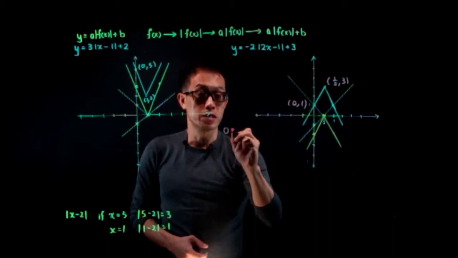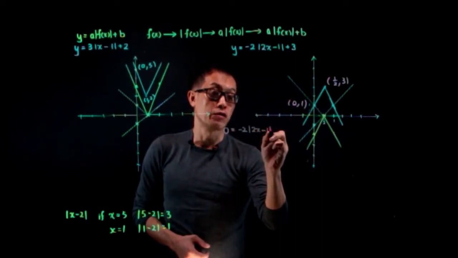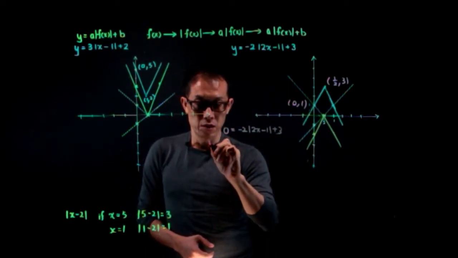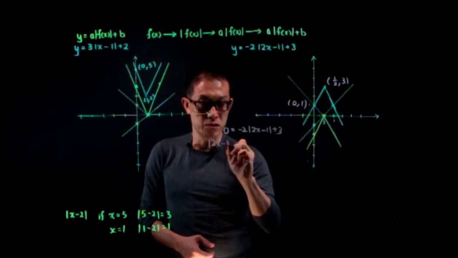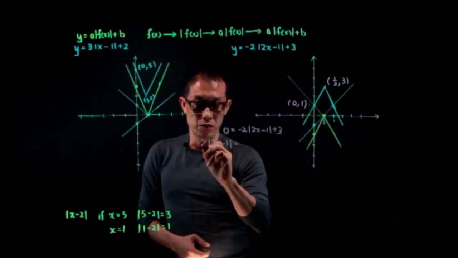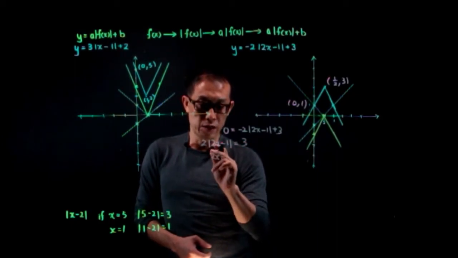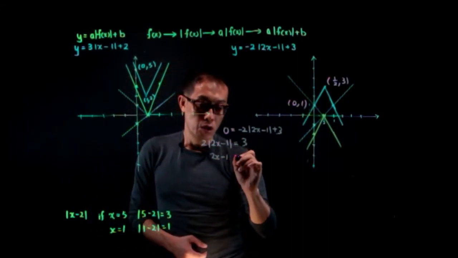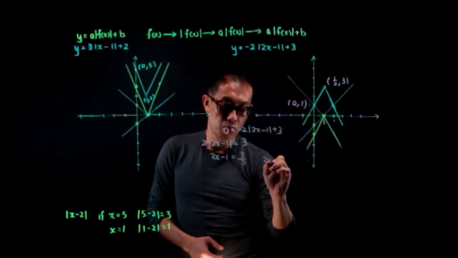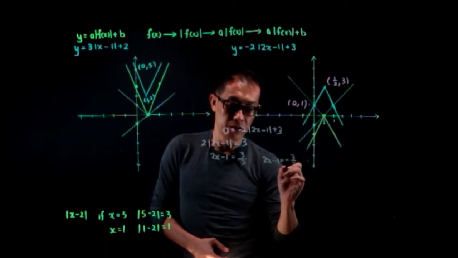So you have 0 is equals to minus 2 into mod of 2x minus 1, plus 3. Then you bring this across, you got a 2 here and a 3 here. So 2 mod 2x minus 1 equals 3. Now you divide by 2. You have 2x minus 1 equals to 3 over 2, or 2x minus 1 equals to minus 3 over 2.